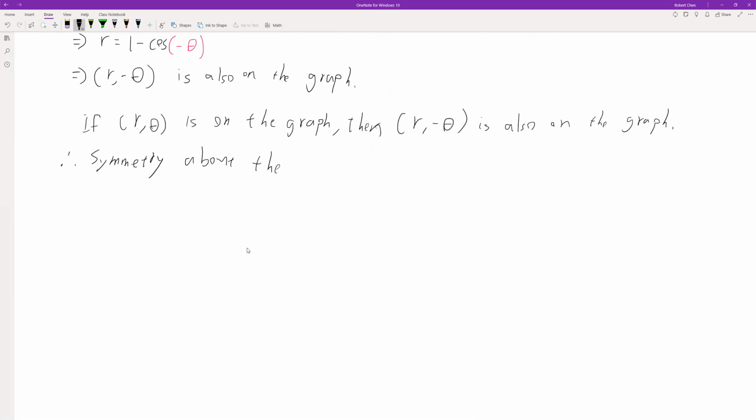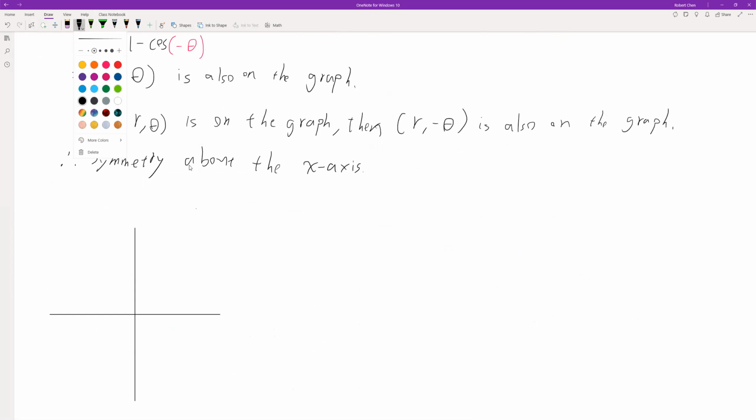So what that tells us is that when we graph, all we need to worry about is the top side of the x-axis. Whatever we have on the top side of the x-axis, we can just mirror down to the bottom.